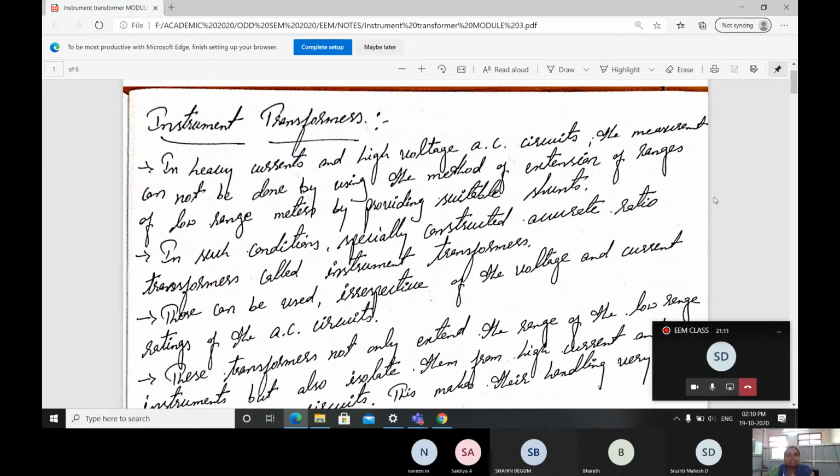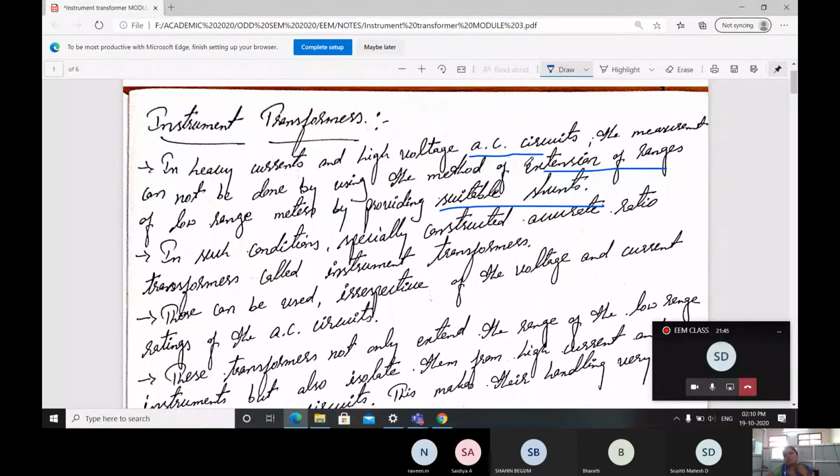Now we will learn the necessity of the current transformer and also the potential transformer. What is this instrument transformer? In heavy currents and high voltage AC circuits, the measurement cannot be done by extending the ranges of low range meters by providing suitable shunts.